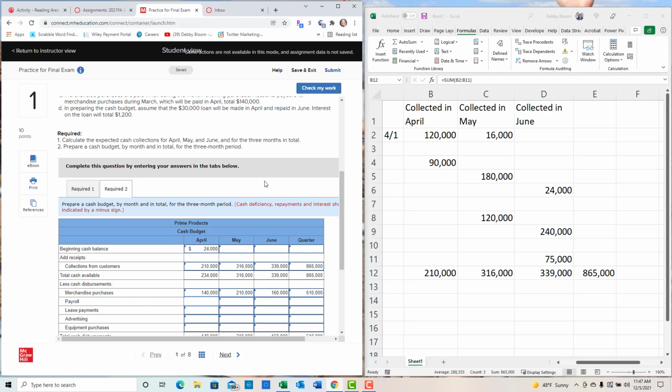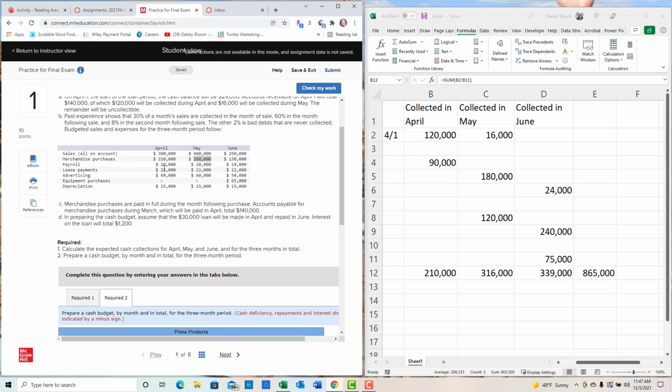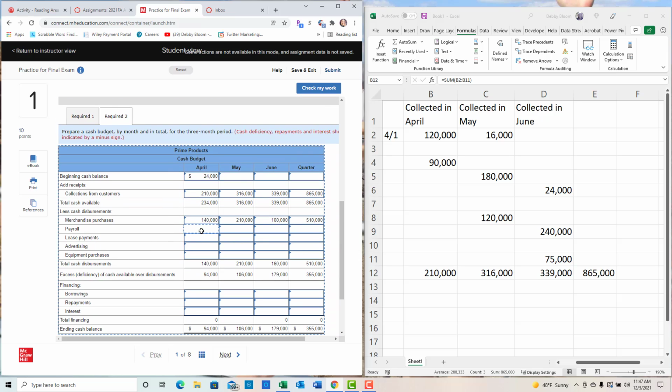Next, we'll move on to the payroll. So payroll is just given as 20, 20, and 18,000. The total of that is 58,000.